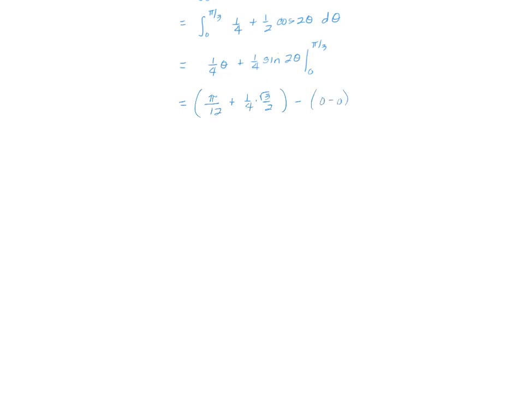I usually don't write that. Okay, so that's square root 3 over 8. So pi over 12 plus square root 3 over 8. You could combine this by finding common denominators, but I'm just going to stop right here. And that's it for this section.